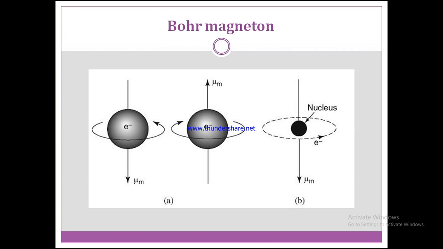Now according to the Bohr magneton concept, the electrons moving around the nucleus have the property of spin around themselves.